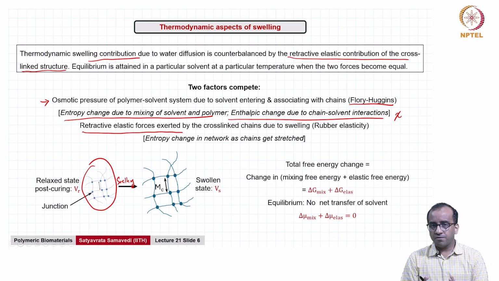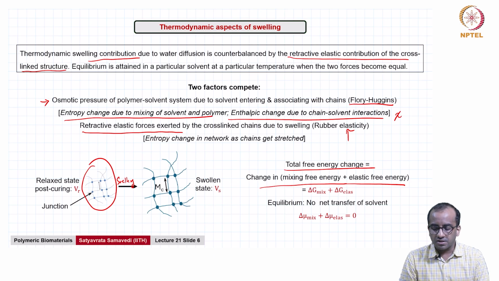And from a free energy perspective, one can think of the total free energy change occurring in this process as a combination of change in mixing free energy given by the Flory-Huggins and the elastic free energy given by the theory of rubber elasticity, which we have not looked at in this course yet, and we will not be looking at the details either, but I will give you a reference for it in just a bit in case you are interested in looking at the background for the theory of rubber elasticity.